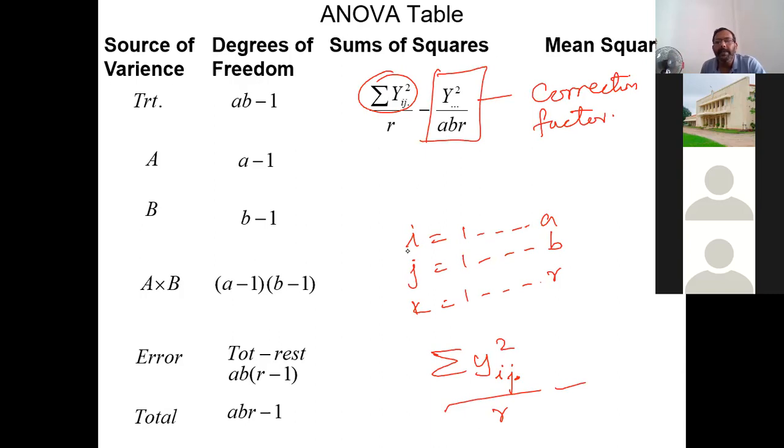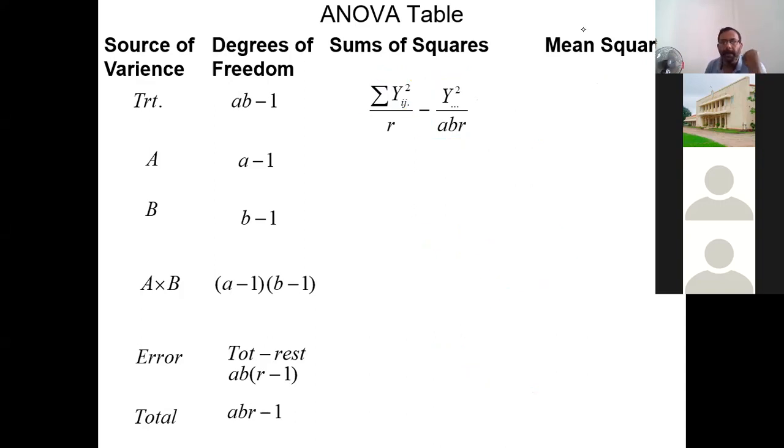Have you seen this kind of correction factor in earlier CRD and RCBD? Yes. When we do this example, we will see. The correction factor always comes in.